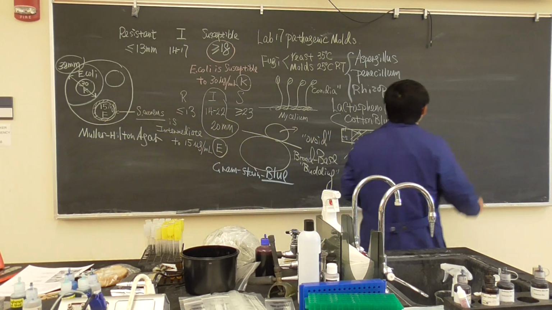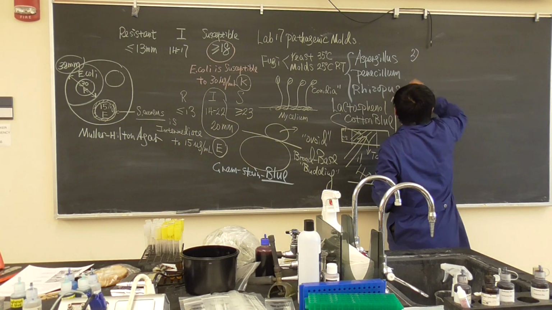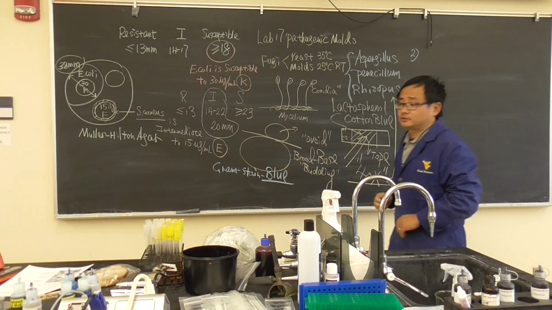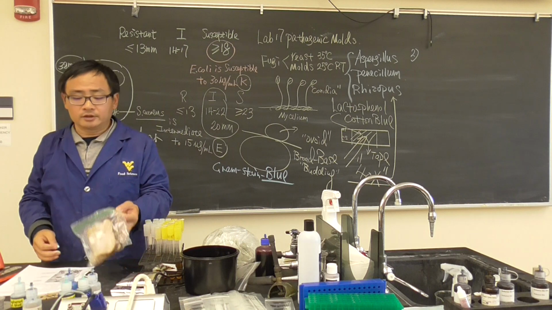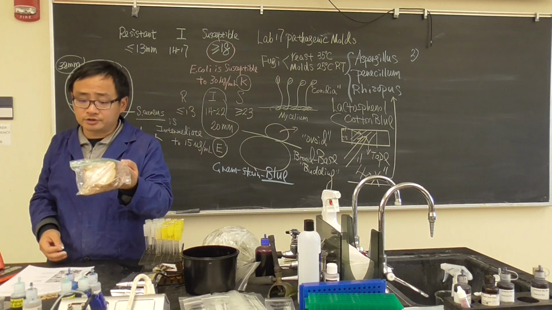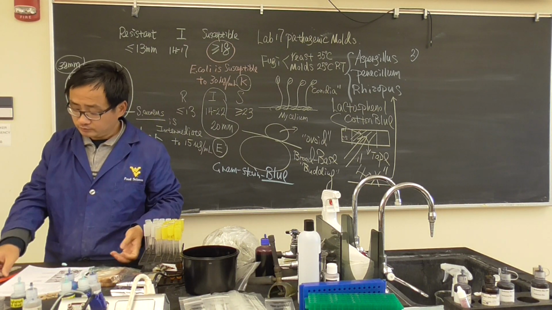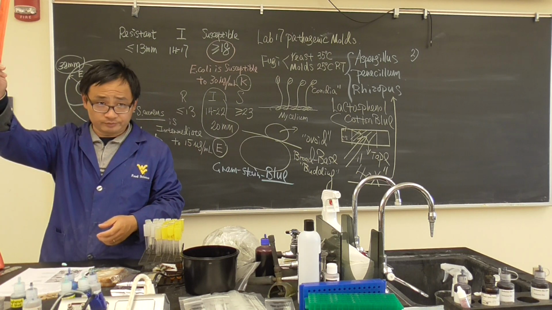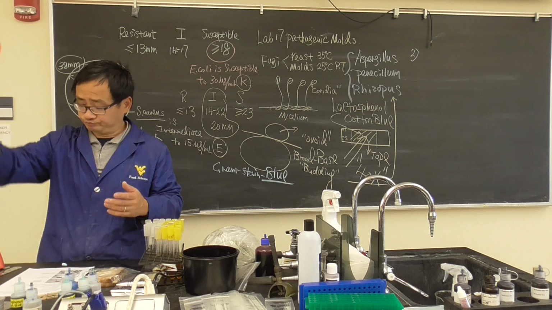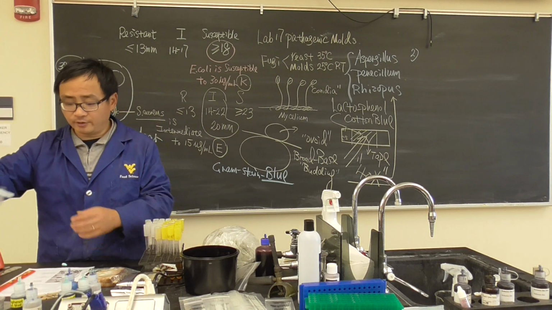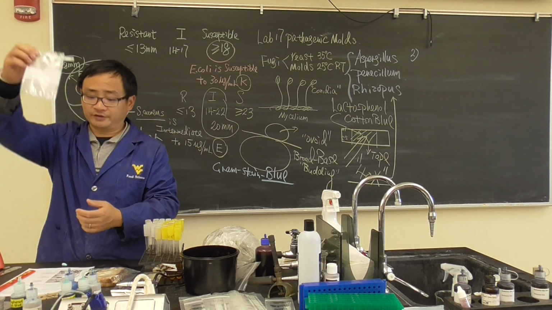The second thing we're going to do is find how many molds or yeast are in this bread. I have a chopstick. I don't use bare hands, I use a chopstick, and I have a sample bag. Very simple.